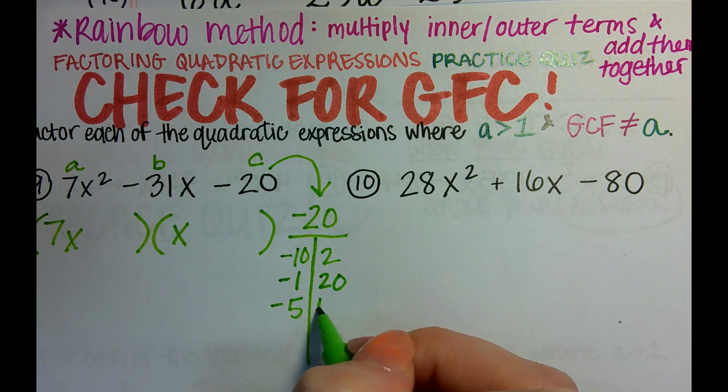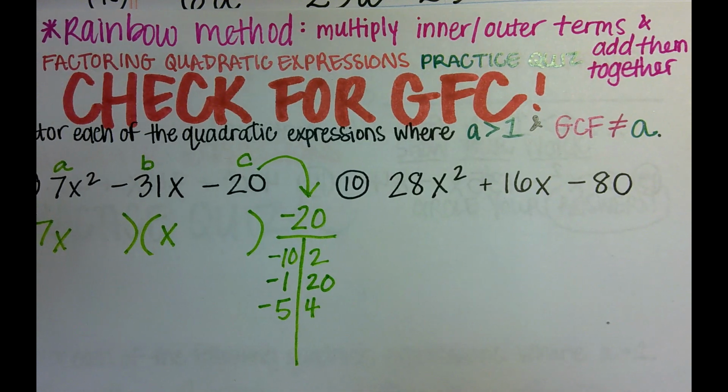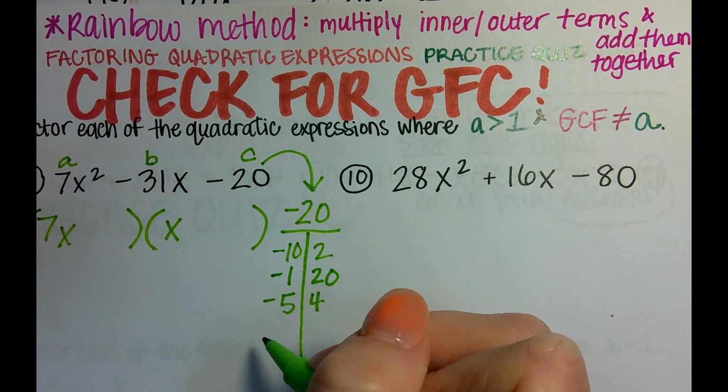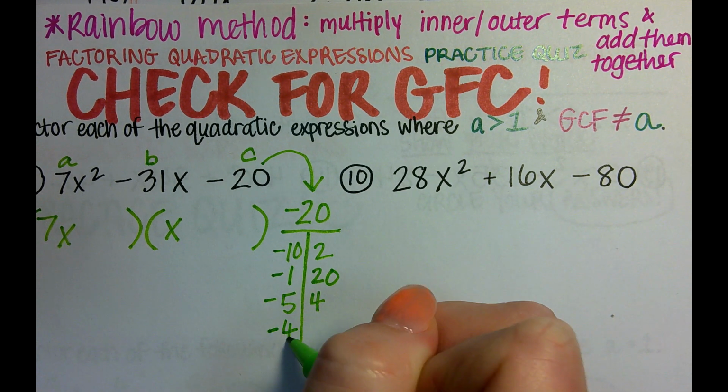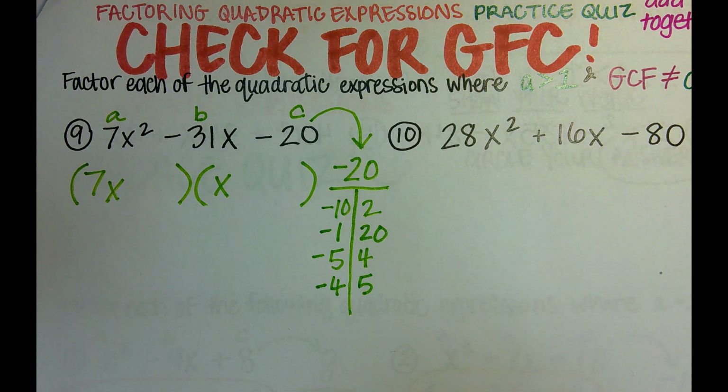Sure, -5 and 4. We could also have -4 and 5. There's a lot of different options here. I could list out about 1,000,000 different possibilities.